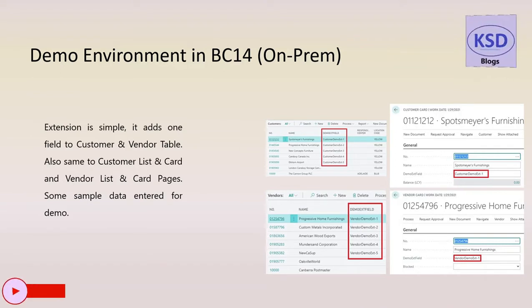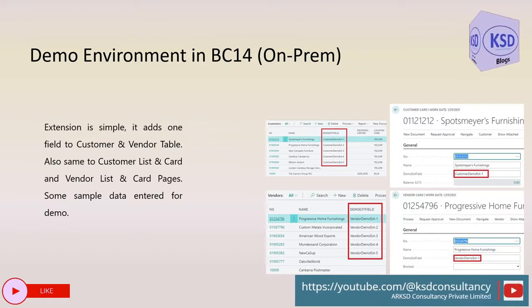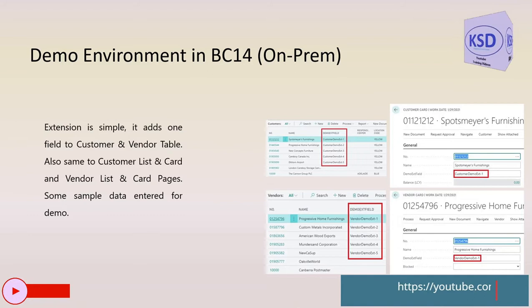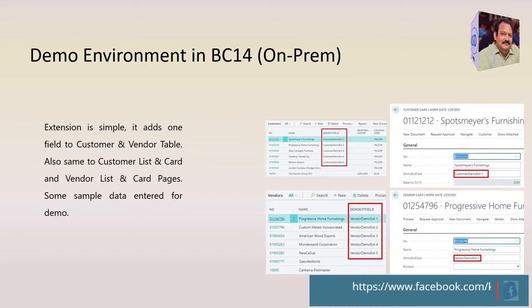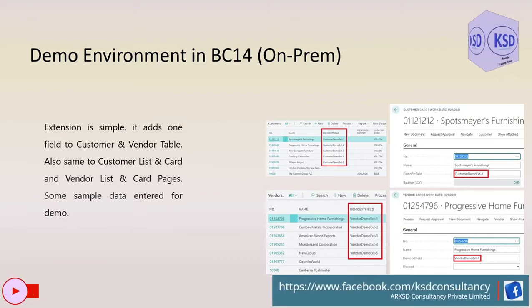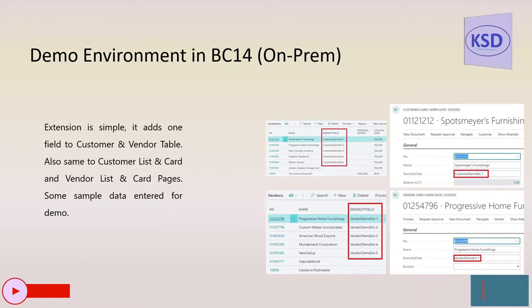So I am using the AU demo database with one small extension which has a very small customization, and I have entered some data so that we can verify that the extension data is also moved to your online system or your cloud solution.